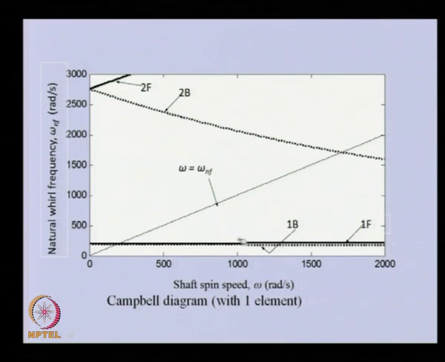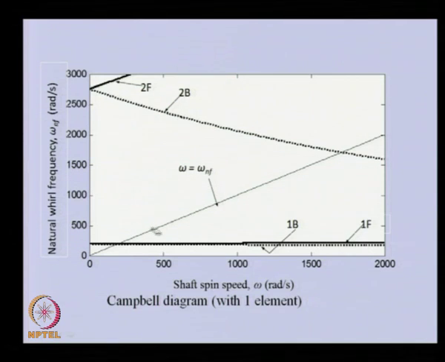As we increase the speed, slight splitting of the natural frequency takes place. One corresponds to the forward whirl, and the lower one corresponds to the backward whirl. The splitting is more predominant in the second one. Initially, when speed is 0, there is no splitting, but as we increase the speed the splitting grows. This is forward whirl, and this is backward whirl.